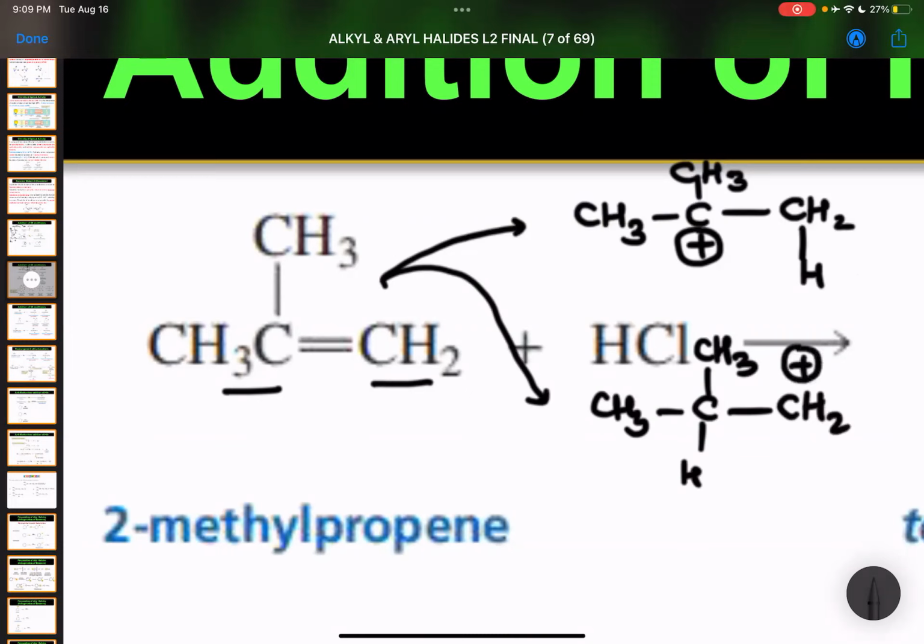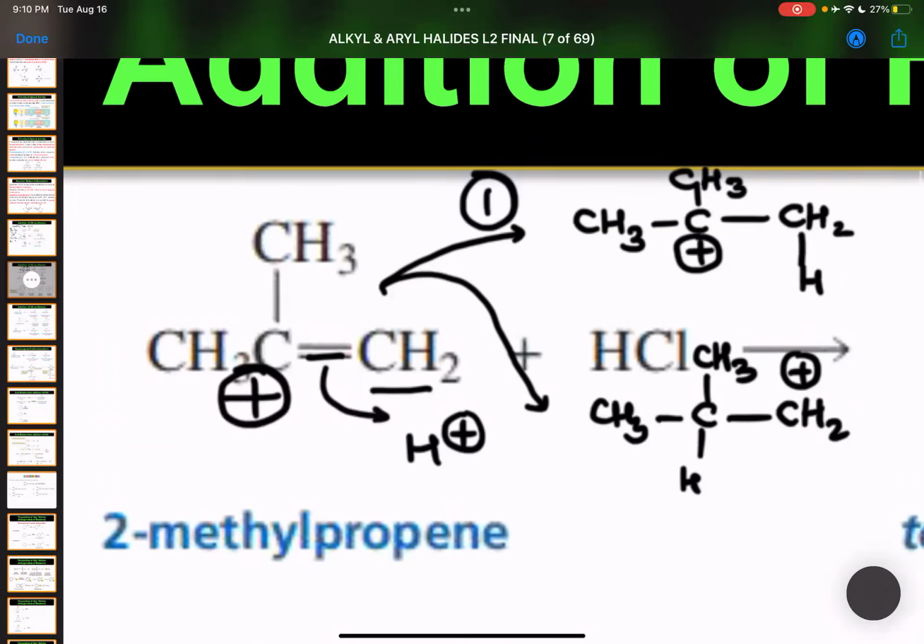Okay. Suppose the H plus is coming and joining from the right hand side, the double bond which is like this in the middle will become like this. So the plus charge will come on this carbon. That is the first case. And the second case is if the H plus comes from the left hand side, the double bond will get shifted down and the plus charge will be on the other carbon.